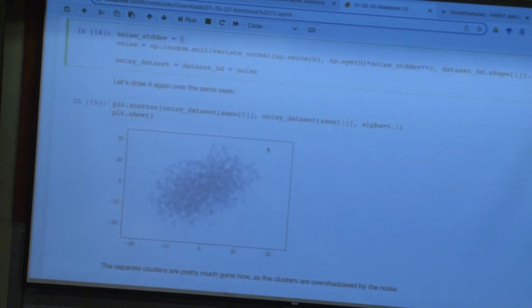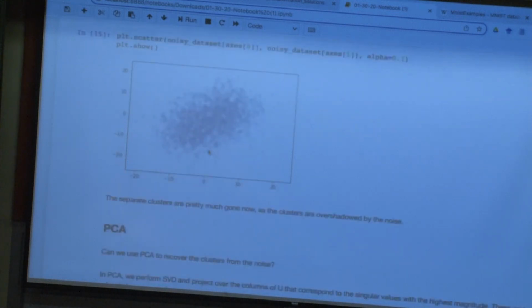Now when I project in 2 random directions, none of my original structure is preserved. This is what it looks like. So now the question is, this seems to have lost its structure because of the addition of noise, but can we somehow uncover the underlying structure, even though we just have this cloud here?